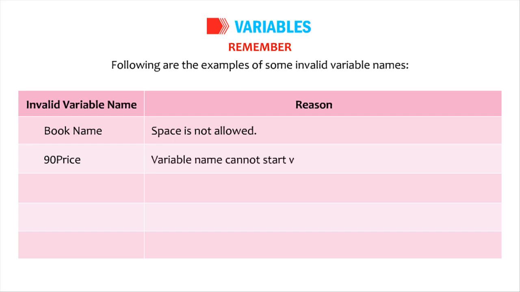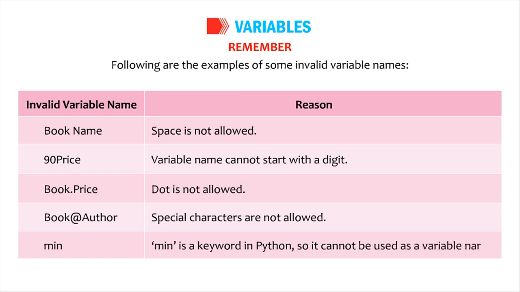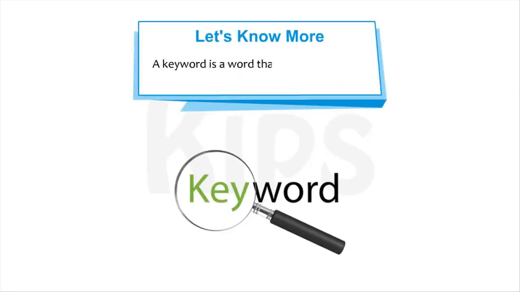Variable name cannot start with a digit. Book.price. Dot is not allowed. Book@author. Special characters are not allowed. min. Min is a keyword in Python, so it cannot be used as a variable name. Okay, let's know more. A keyword is a word that conveys a special meaning to the compiler.